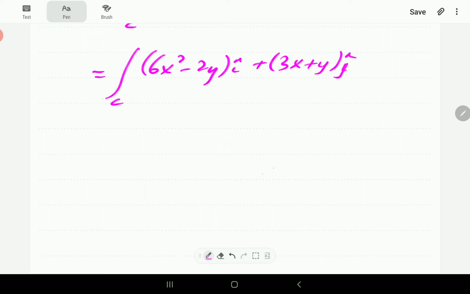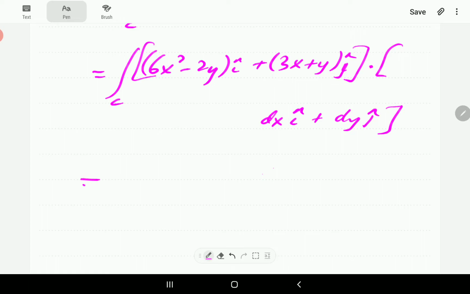So this is a two-dimensional force field, and we're going to take the dot product of this with the differential of r. So dr is going to be dx i plus dy j. We don't need the k component because the force is just two-dimensional.